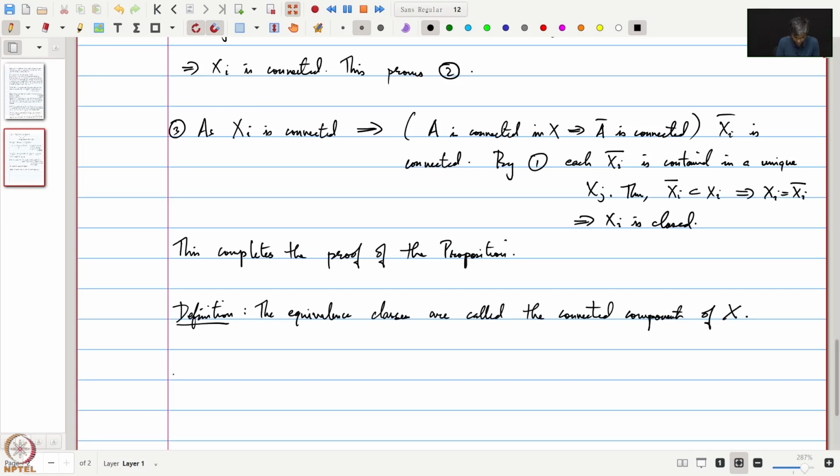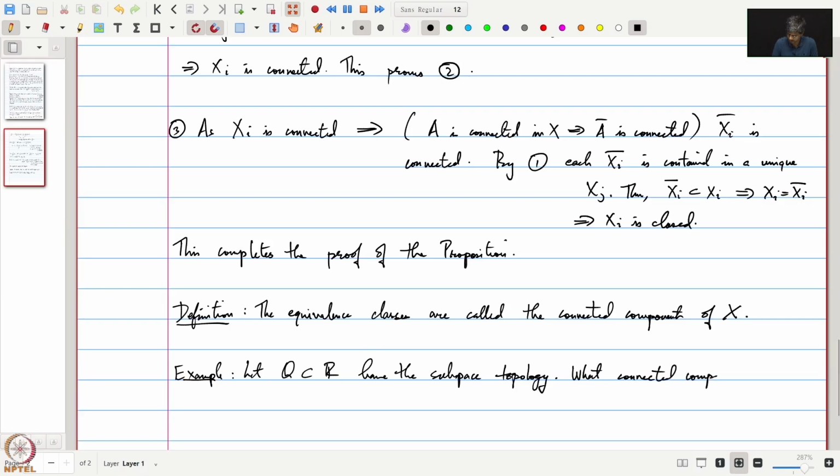So as an example, let's work this out. Let Q contained in R have the subspace topology. Right. So what are the connected components of Q?